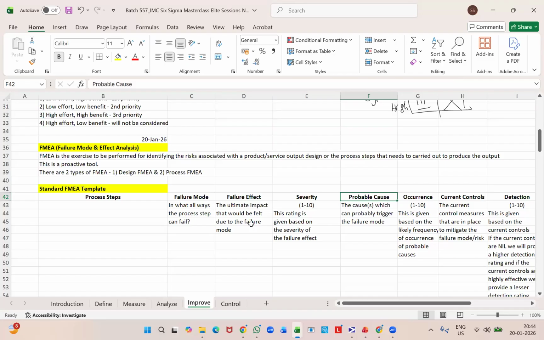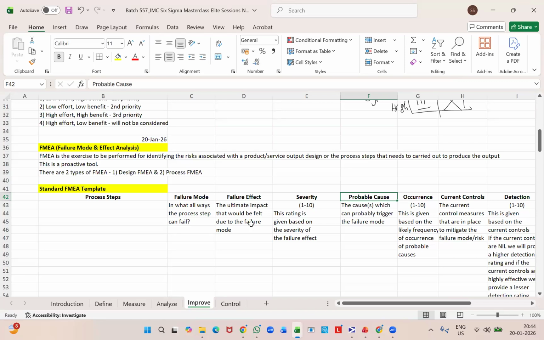Why probable cause? As I told you, the cause wouldn't have occurred, right? But there is an opportunity for this cause to occur. In that case, the risk will become a reality. So what is that probable cause which we need to attack, right? So what is that probable cause which would actually trigger this failure mode or the risk needs to be stated under this.